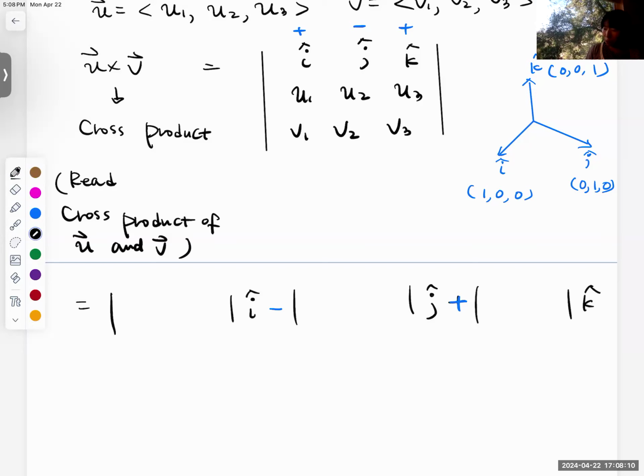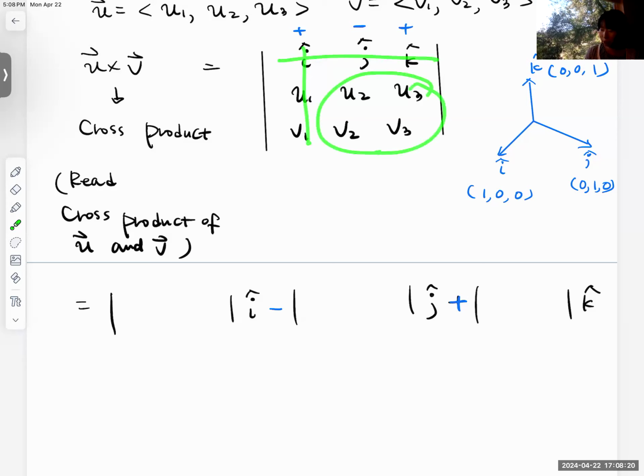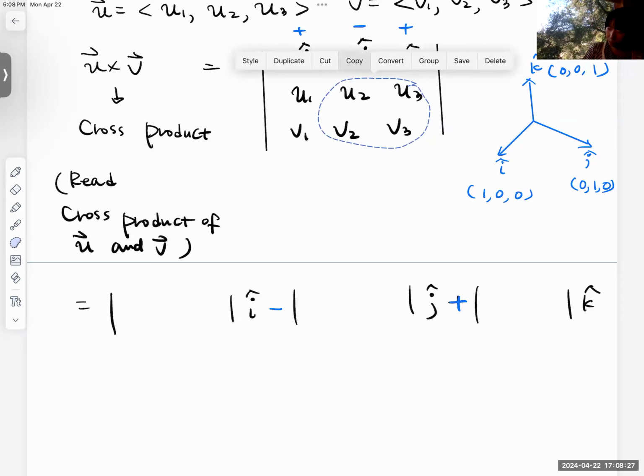Okay. So same as earlier, the 3 by 3 determinant. So we cross out like that. So we are using this one, right? So let's copy and paste. Copy.